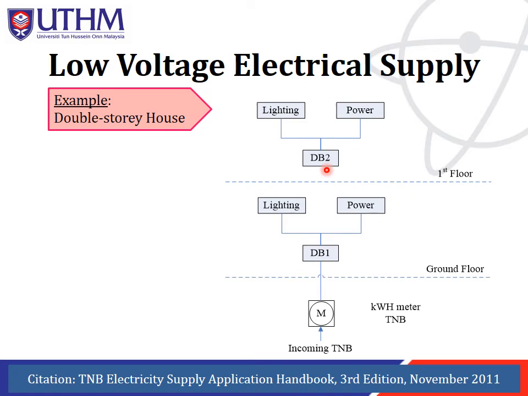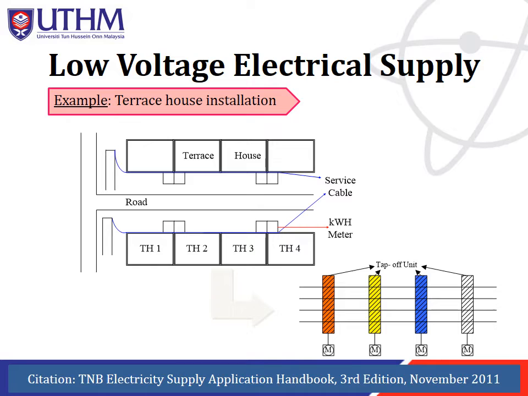Then at the first floor, we have a second distribution board, also connecting to the lighting and power. In real life, it is not only connected to lighting. Okay, this is the example of low voltage electrical supply for terrace house installation. The kilowatt hour meter is outside the house itself.